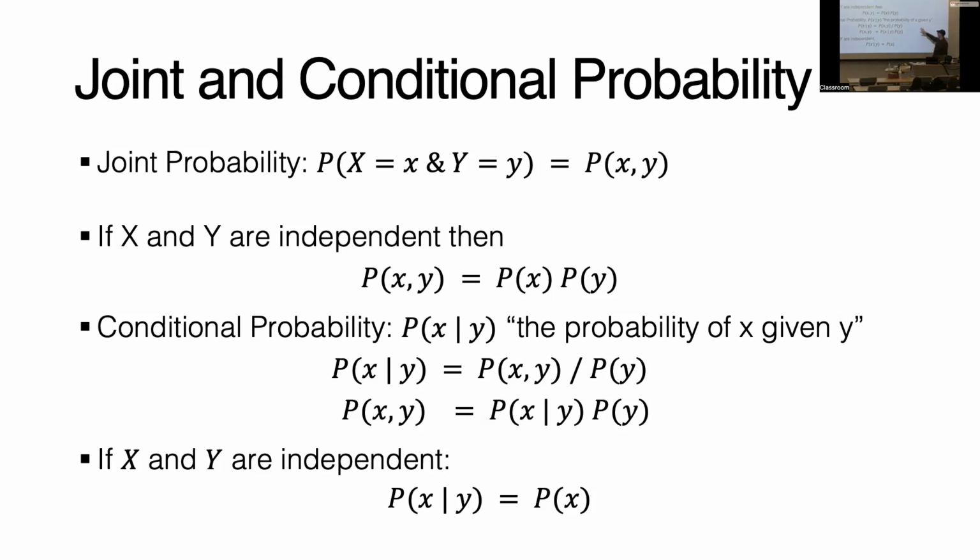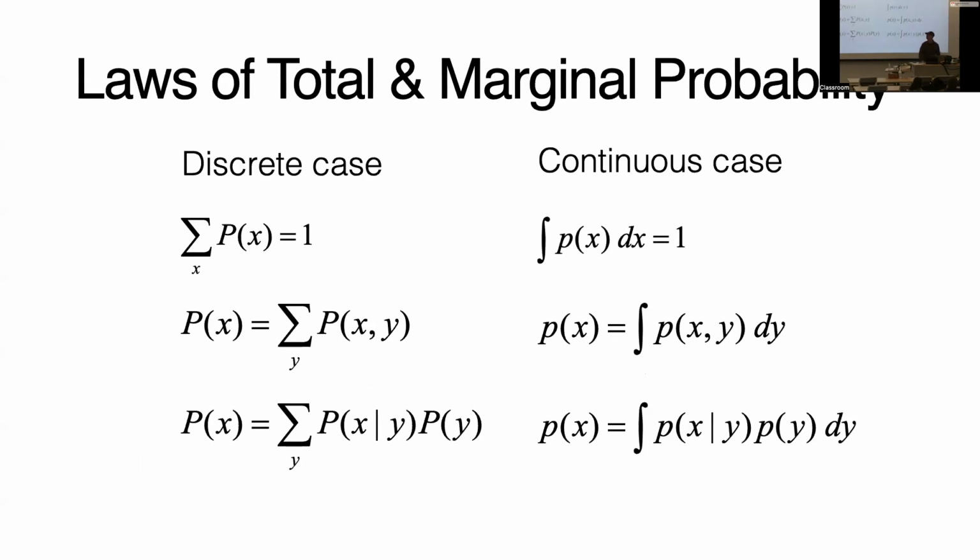The probability of X given Y is going to be the joint probability of X and Y divided by the individual probability of Y. Similarly, we can rewrite this as the joint probability of X and Y being the conditional probability of X given Y times the individual probability of Y. And if these are truly independent, then the probability of X given Y is just going to be the probability of X, because it doesn't matter what value Y takes on.